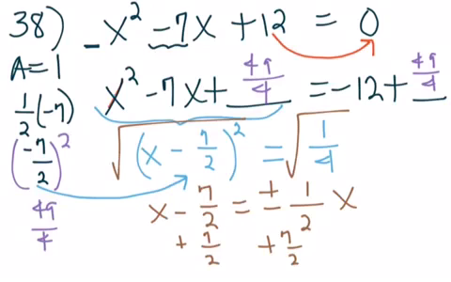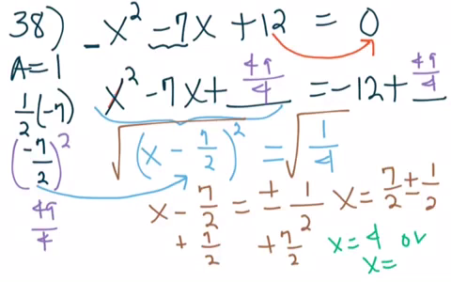So then we have x equals 7/2 plus or minus 1/2. If you do 7/2 plus 1/2, that would be 8/2, which would be 4. Or if you do 7/2 minus 1/2, that is 6/2, which would be 3. And those are your two solutions.